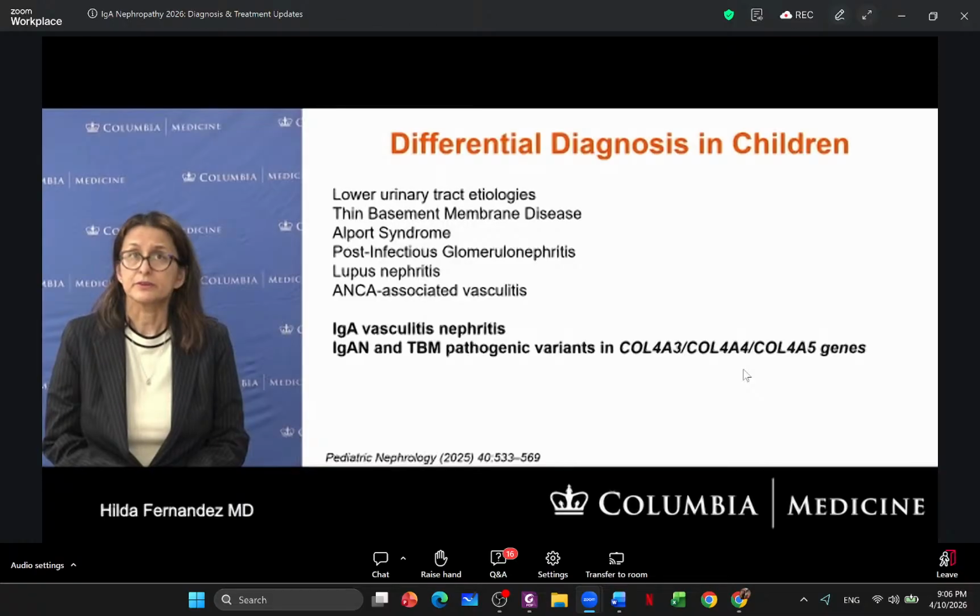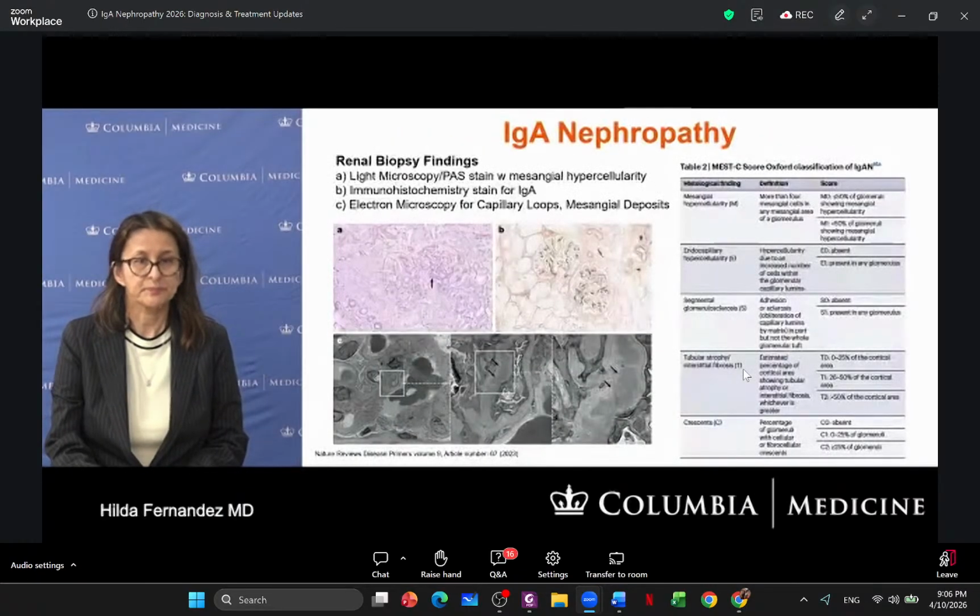Some other things that are of note that we're going to be talking about again are the IgA vasculitis nephritis, and also there are overlaps of IgA nephropathy and TBM pathologic variants that are associated with COL4A genes.